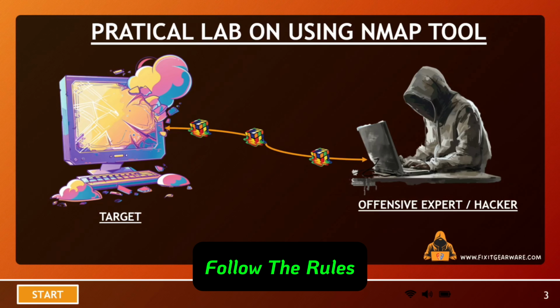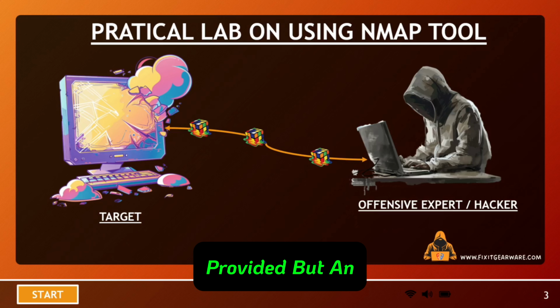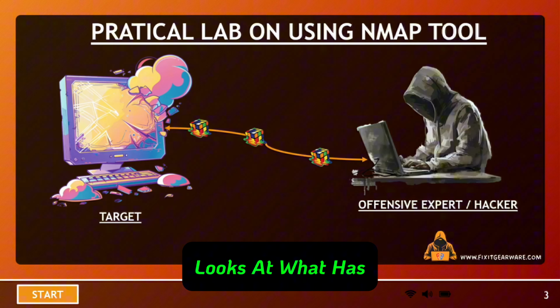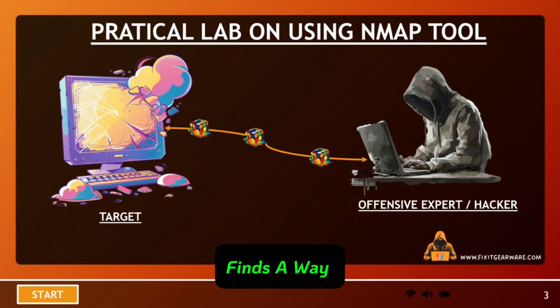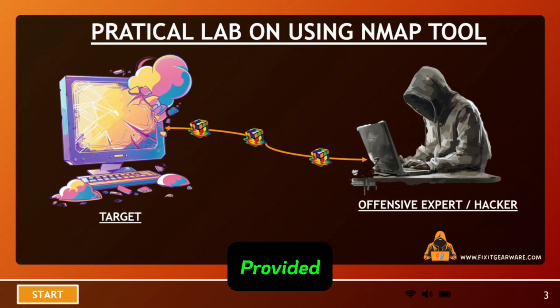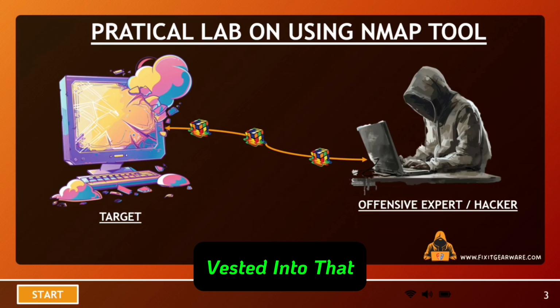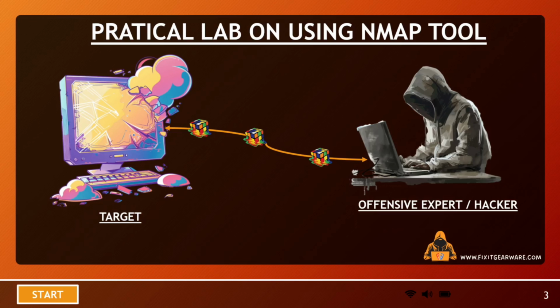A script kiddie follows the rules and of course what has been provided, but an experienced hacker looks at what has been provided, finds a way to break them, and finds a way of using what has been provided towards his own advantage. So using that to your own advantage also shows that you're much vested into that tool, and to know the things that the tool is capable of, which even the developer of that tool is not aware of.